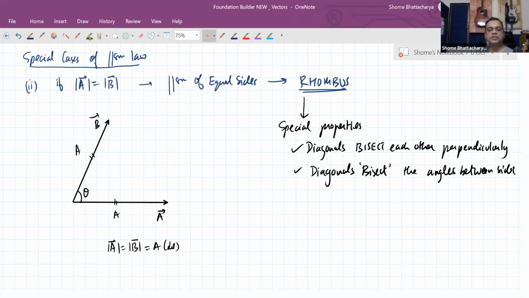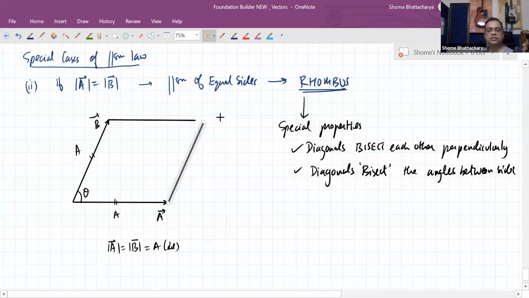So the moment that happens, the vector parallelogram that we will construct is becoming a rhombus, and therefore it will follow the special properties of the rhombus which we have just been discussing.